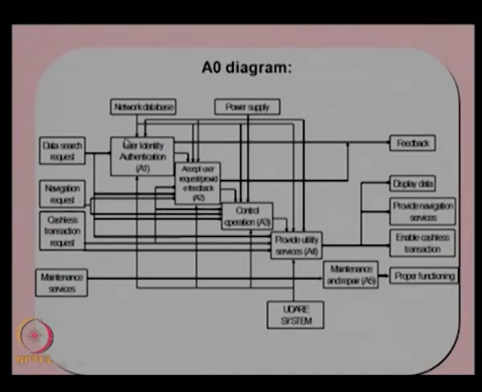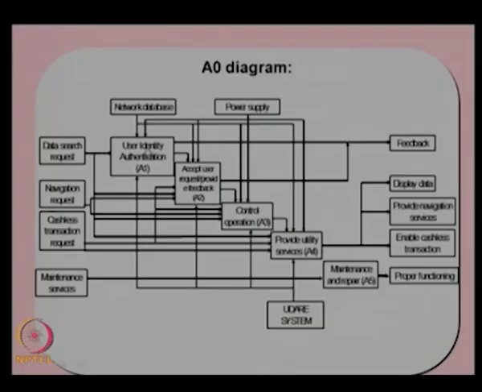Now, if you look at the various inputs and controls coming into this system as well as the output, you can see the data search request will be coming from the user, and then there will be a network database which uses the username and passwords, and there will be other requests coming from users like navigation request, transaction request and maintenance.